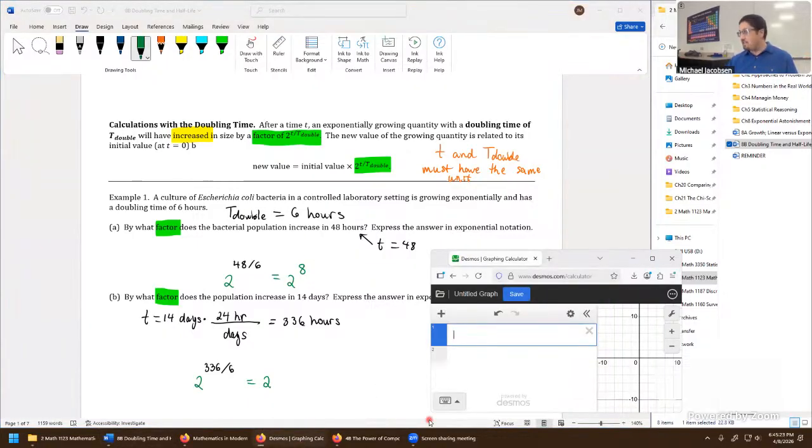We're getting some good calculator use in this unit. 336 divided by 6 gives us a power of 56 altogether. So 56 doublings of the size of the population of E. coli bacteria.